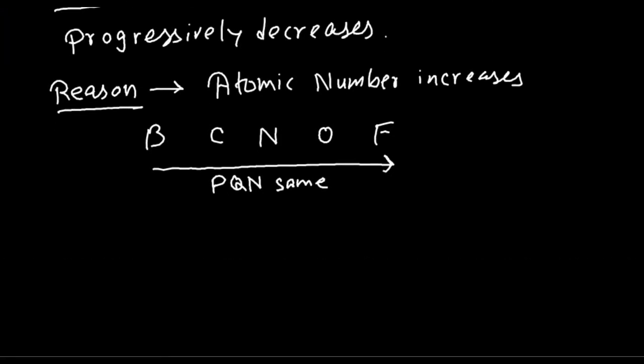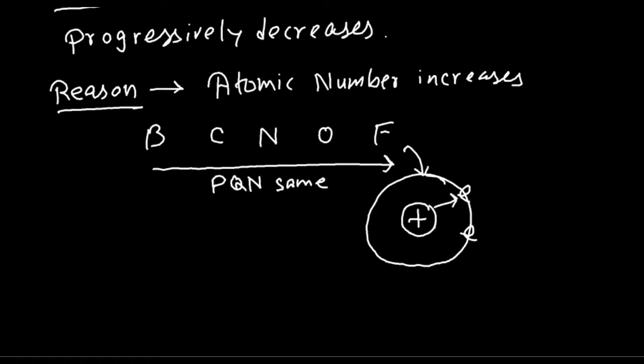That means the outermost shell of each of the elements is the same. But as the atomic number is increasing, the number of positively charged protons is increasing. Fluorine will contain the highest number of protons, so it will attract the outermost electrons very strongly.